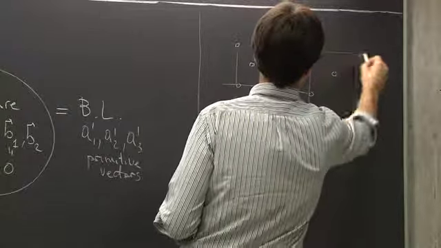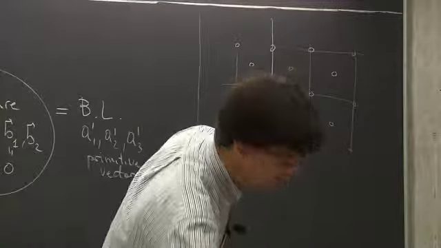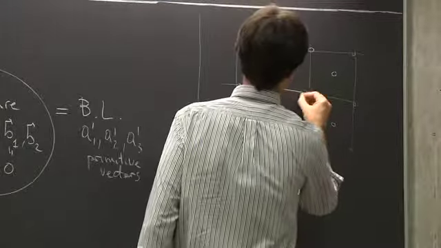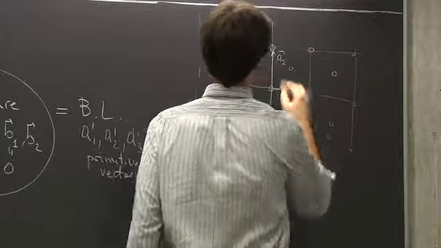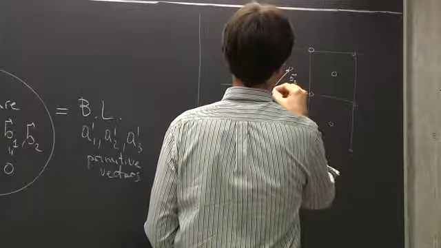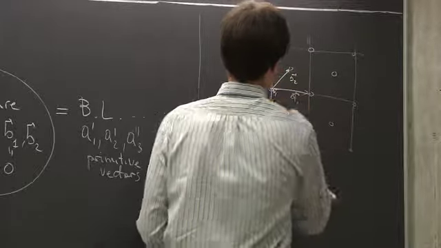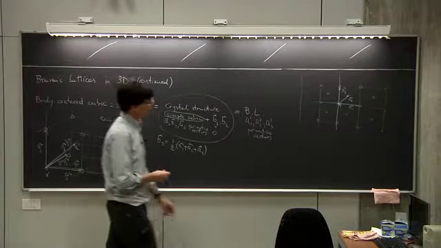Now you can obviously describe this lattice using A1, A2, and B2, of course, B1 being this vector here. Therefore, as a lattice with a basis. But it is quite clear that you can also do this, right?